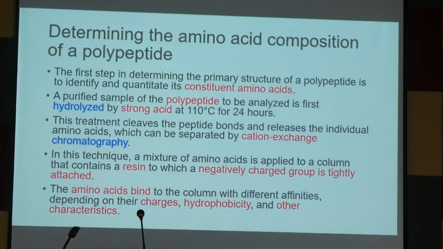Then when a positively charged amino acid passes through a column, it can be taken in depending on the charge of the column. So first thing is hydrolyzing the peptide bonds, and then we use this chromatography technique.